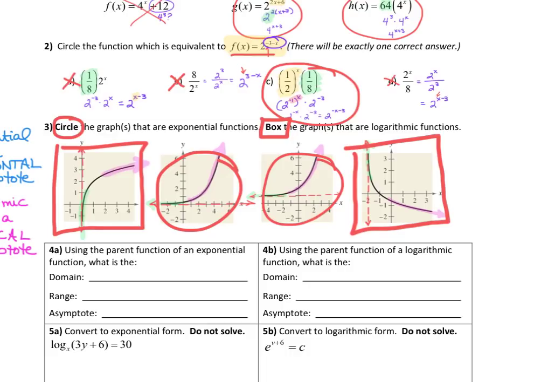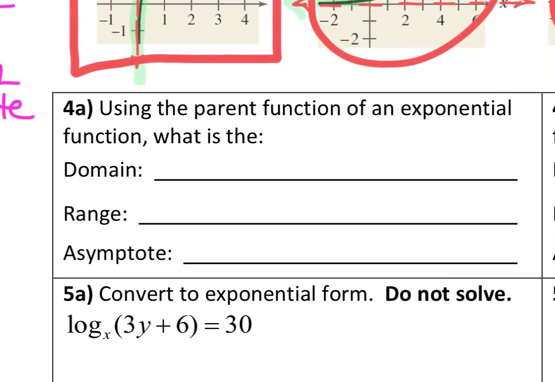So number 4, the parent function, meaning the function before you have any shifts or flips or transformations whatsoever, the parent function of an exponential function.